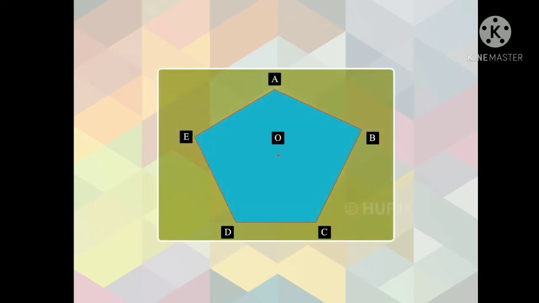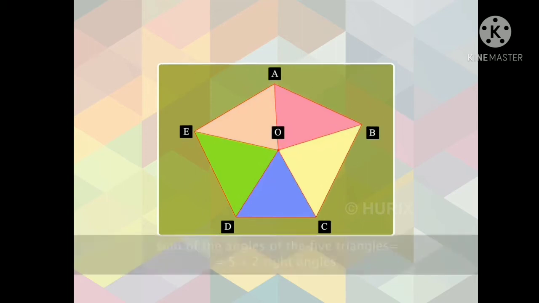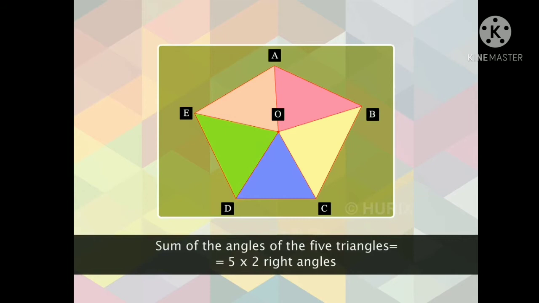Similarly, if we take point O in the interior of the pentagon, we get 5 triangles as shown. The measure of the angles of one triangle is 2 right angles. For 5 triangles, the measure of the interior angles will be 5 times 2 right angles.